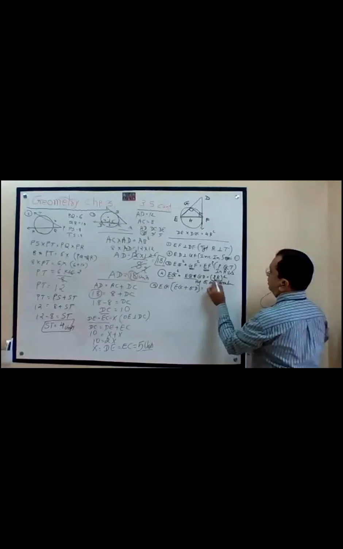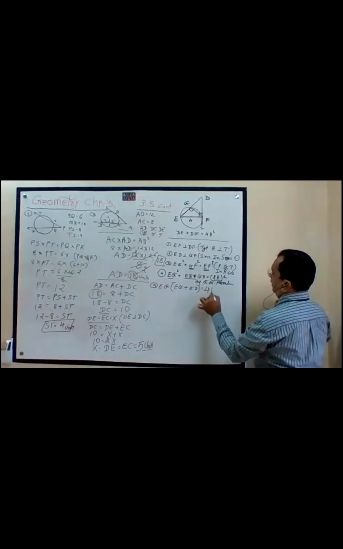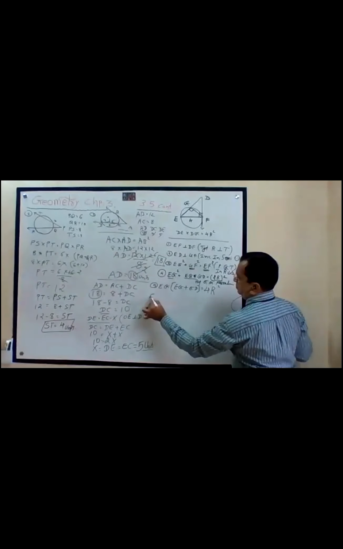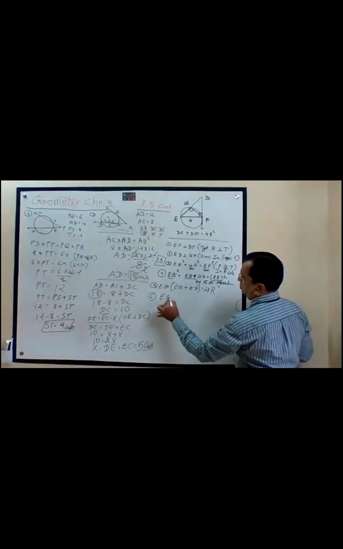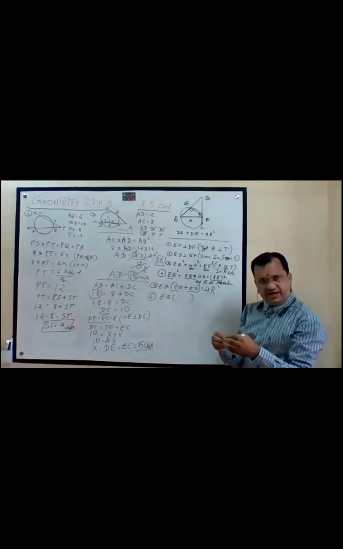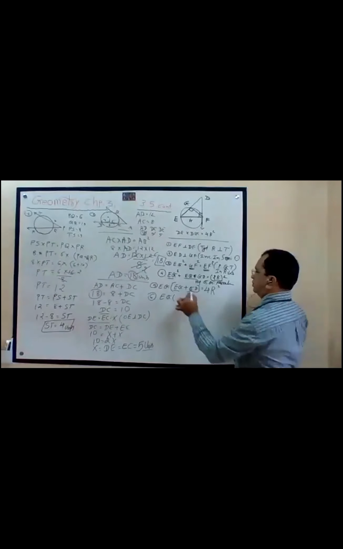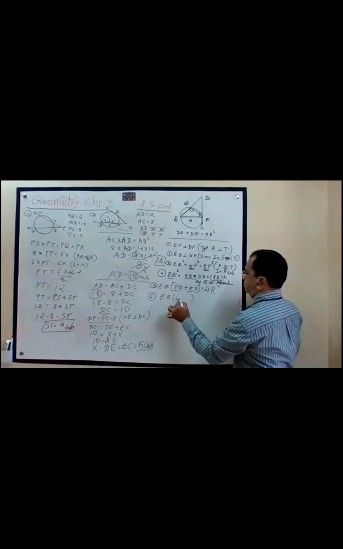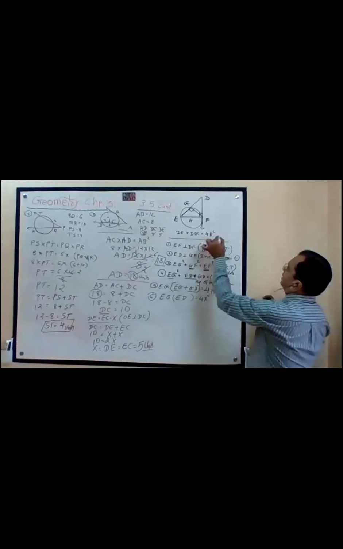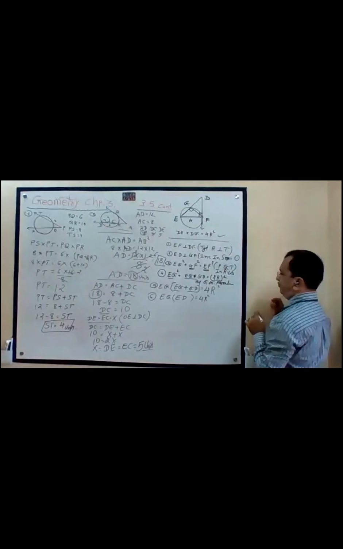Double radii square, 2 to the 4 r into r square. Now this is EG only. And when you want to add two segments, remove the common G. So that is your proof.